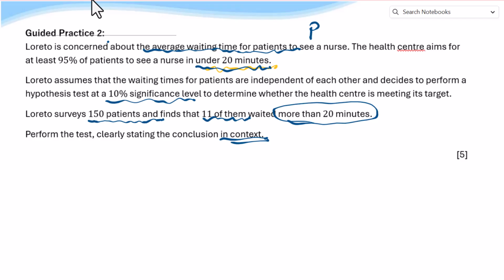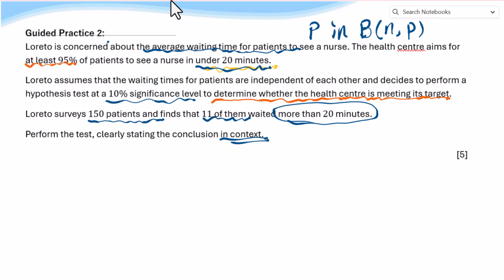This is a binomial test for proportion P. The test is to determine whether the health center is meeting its target. The target is that at least 95% of patients see a nurse in under 20 minutes.